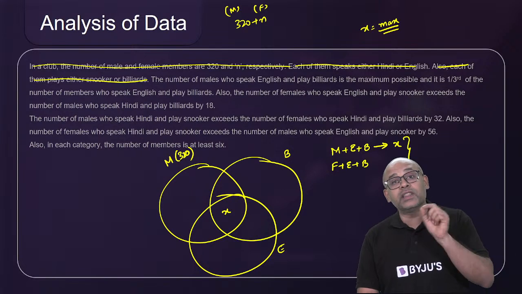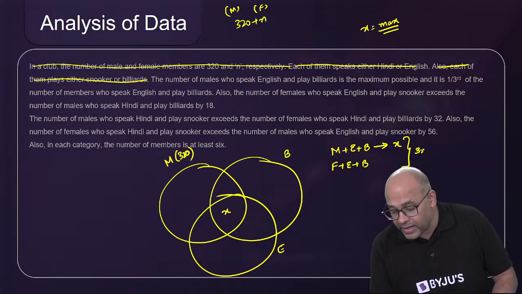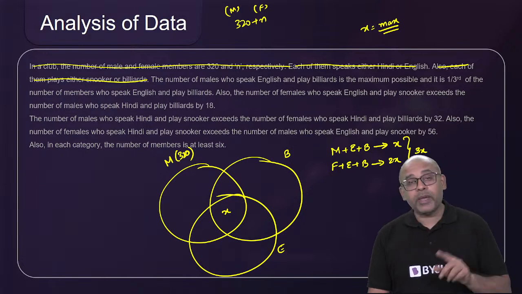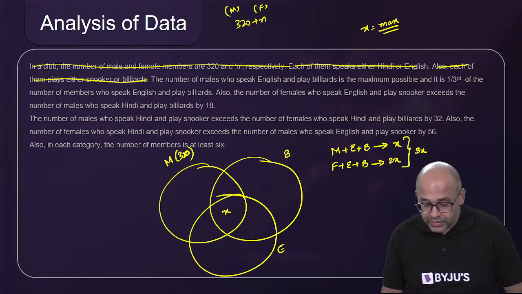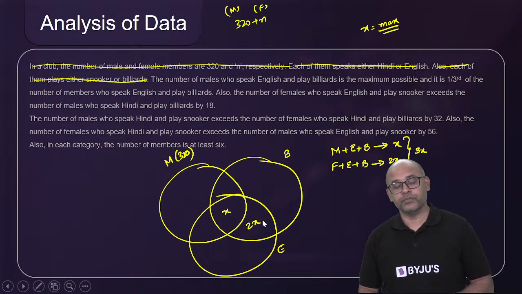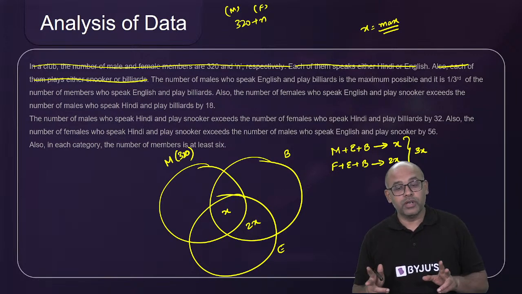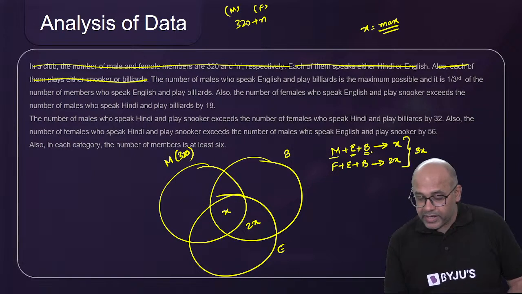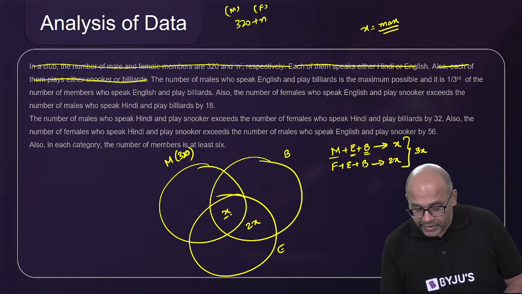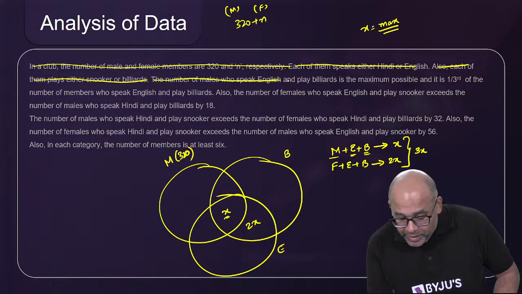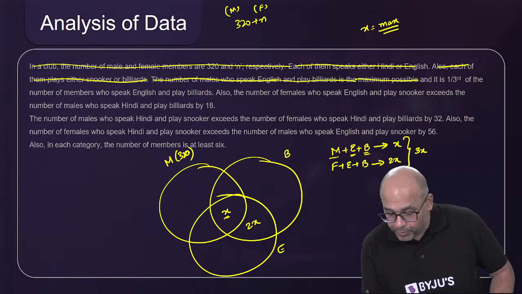And this X is 1/3 of the total. If X is 1/3 of the total, then the total should be 3X. Therefore, this should be 2x. So female plus English plus billiards should be 2x. Is this understood? Again, please remember, male plus English plus billiards is given to you. If I take it as x, then the number of males who speak English and play billiards is the maximum possible.